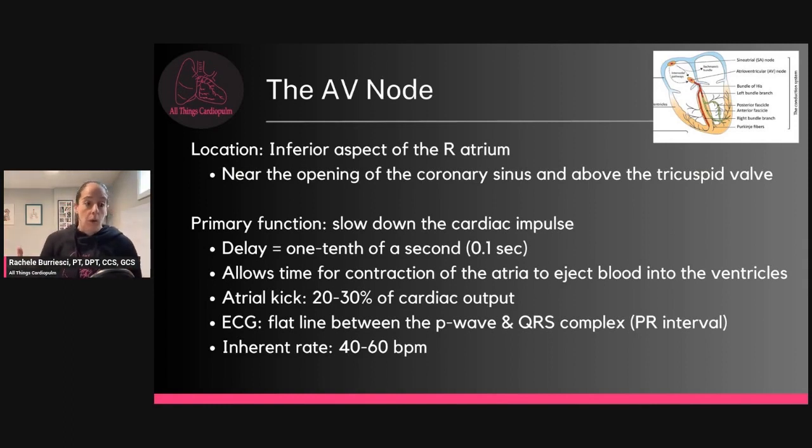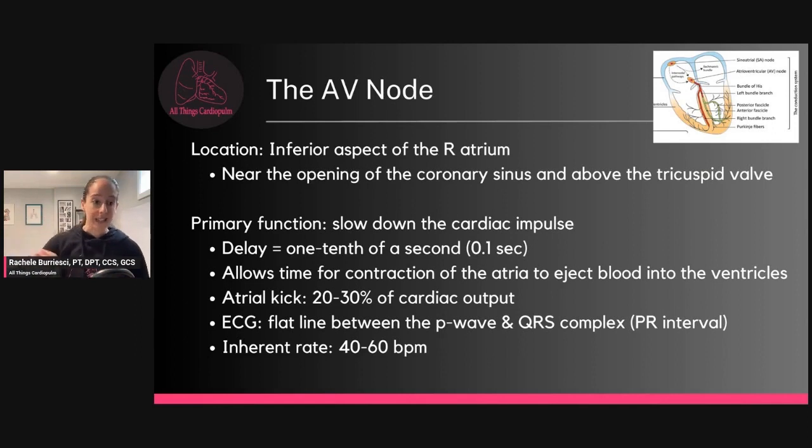This is essentially what we call atrial kick. And atrial kick, although it has a number of different percentages in different textbooks, approximately 20% is the known amount, which is pretty important. So atrial kick makes up 20% of cardiac output, which means the AV node delay allows for 20% of cardiac output. It's basically allowing the time for that contraction and that fill or ejection to occur.